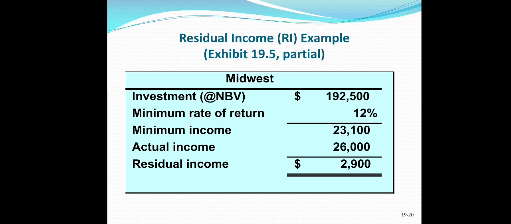Okay, let's see. This is the way to calculate the RI. To calculate the RI, you see this blue box. First, you have to have the amount of the investment. In this example, the amount of investment is $192,500, and then you have to have a minimum rate of return.